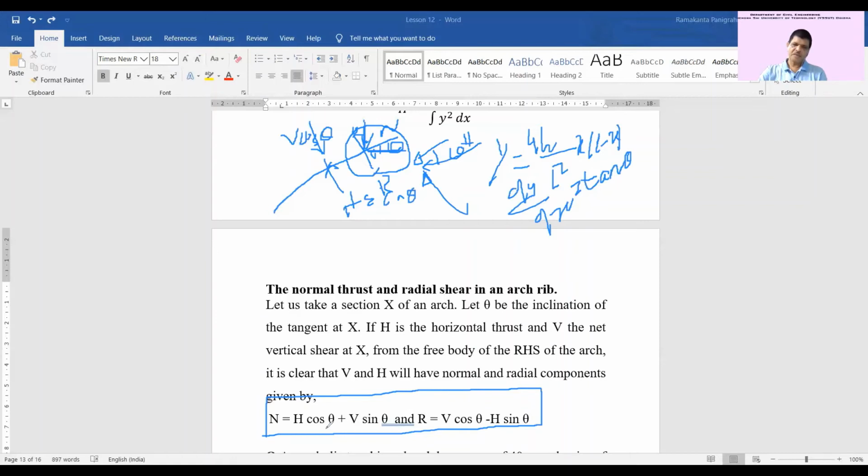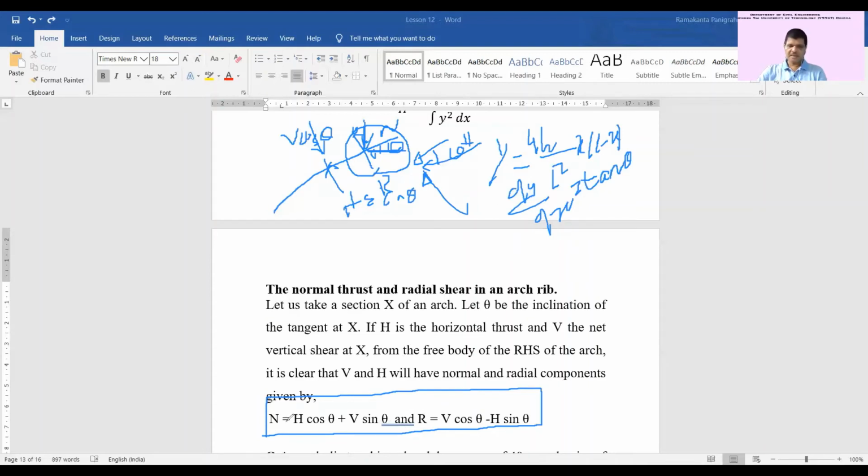You can use these equations, and H you have already found by the strain energy method, which is equal to the integral of M y dx by the integral of y square dx, with integration from 0 to L. Then from the relation between y and the shape of the curve, you can find dy by dx. This is for parabolic arches or any arches.